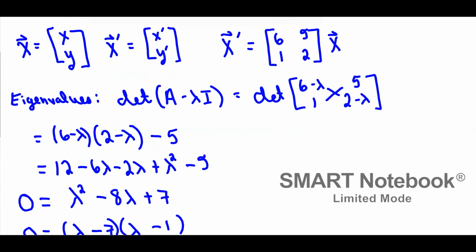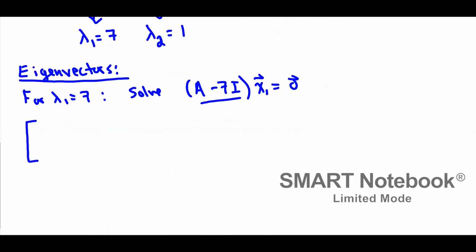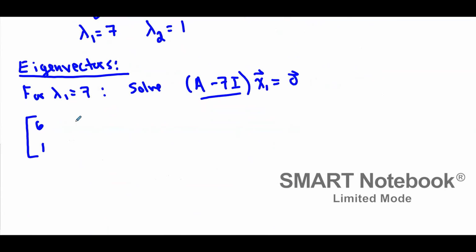A is 6, 1, 5, 2. We subtract 7 from the main diagonal and augment this with the zero vector, and we're solving for x. We'll call this x1, x2, or you can say A and B or C1, C2, however you want to think about that. We just need some variables to make up our vector.